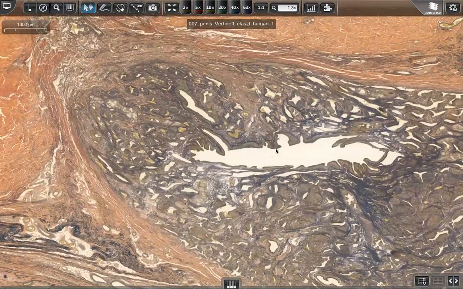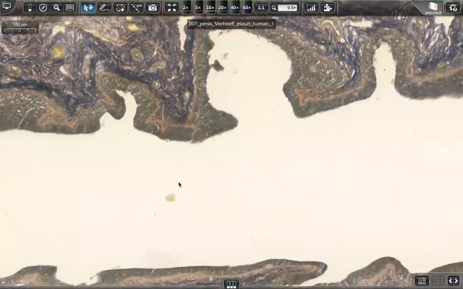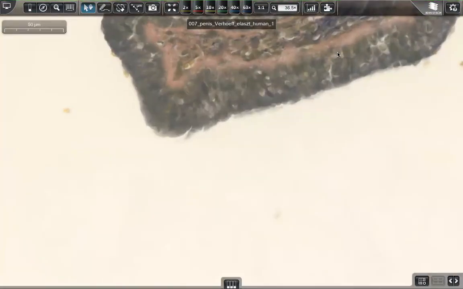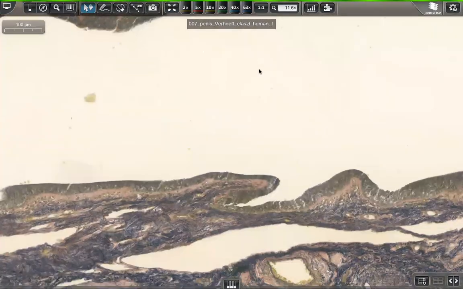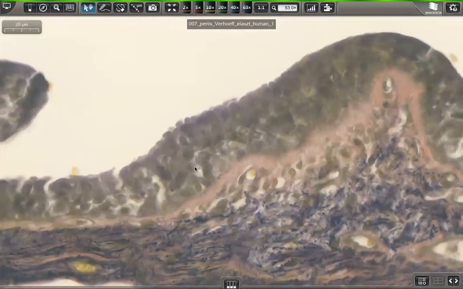Then when we are looking at the surface of the urethra, we can see the stratified columnar lining epithelium. So that is a stratified columnar lining epithelium. Maybe it's a better aspect. So this is it.